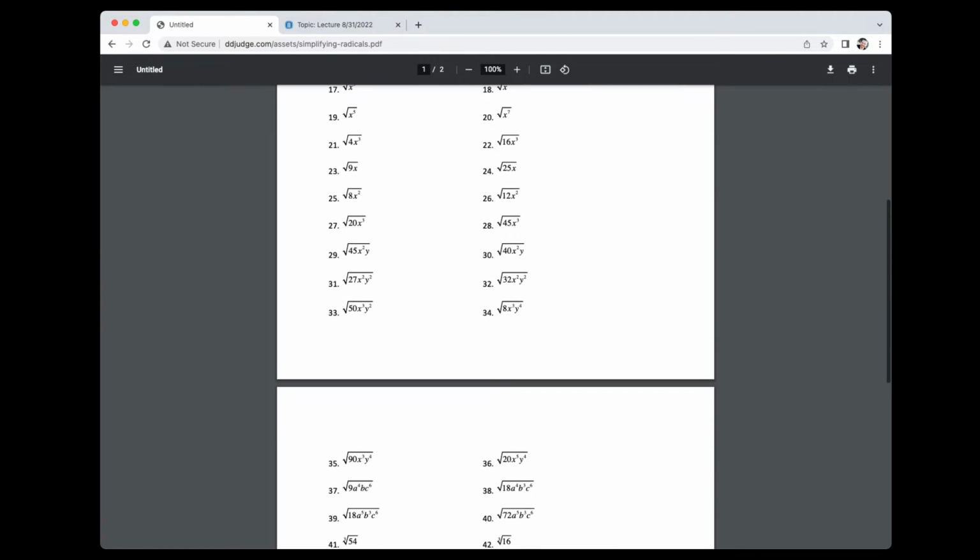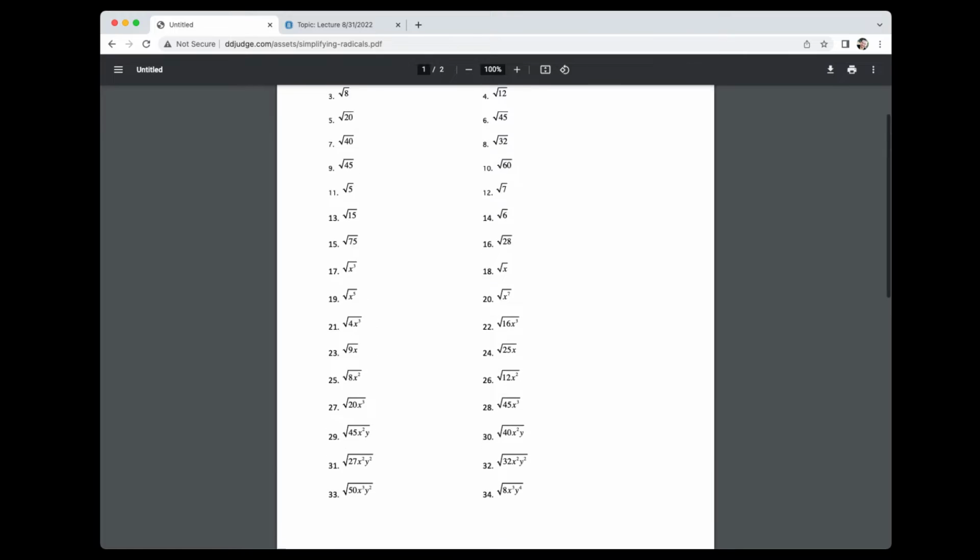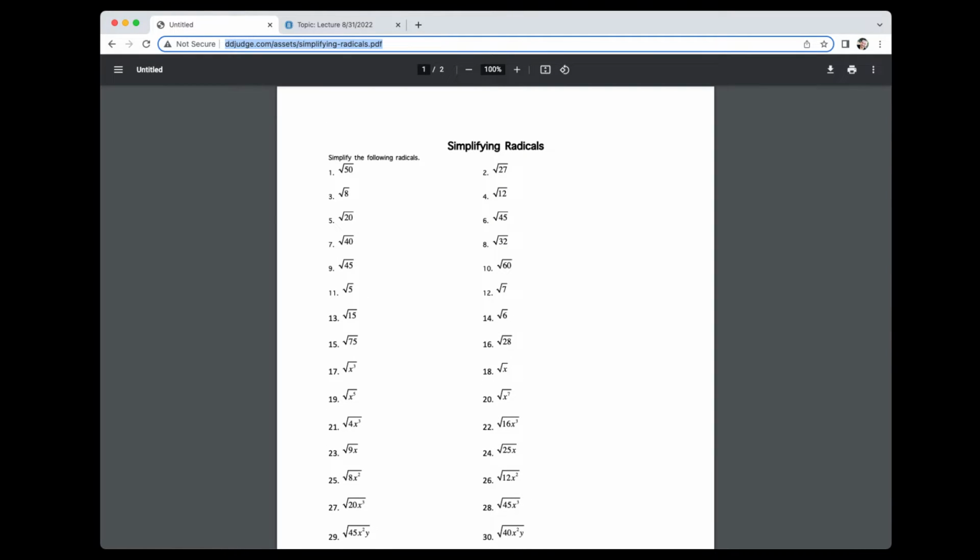Look at this worksheet. I do this in 125. They got to learn how to simplify radicals. Why do you think they got to do that? Because it shows up in other classes. What class do you guys think that shows up in? This class? That's a good guess. Actually, it shows up in a lot of higher math classes.